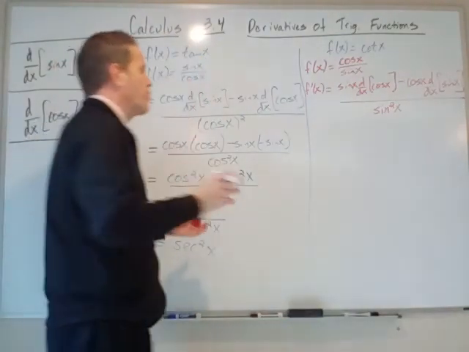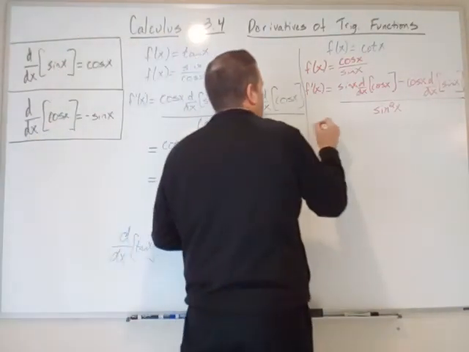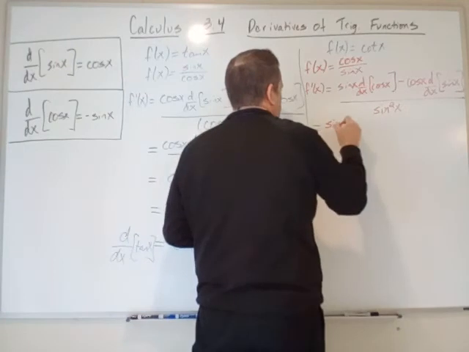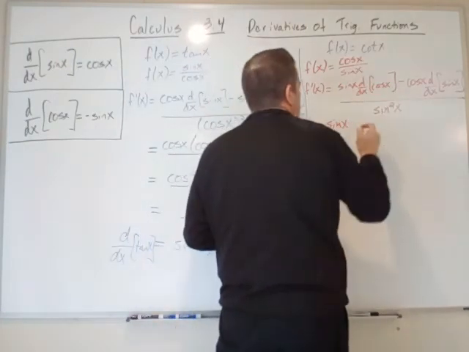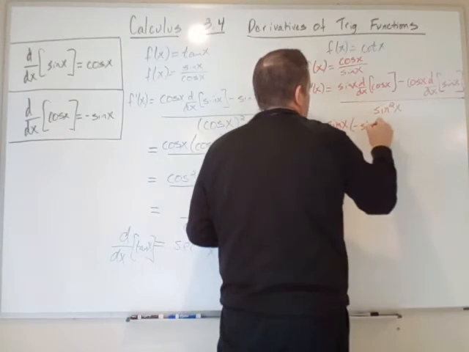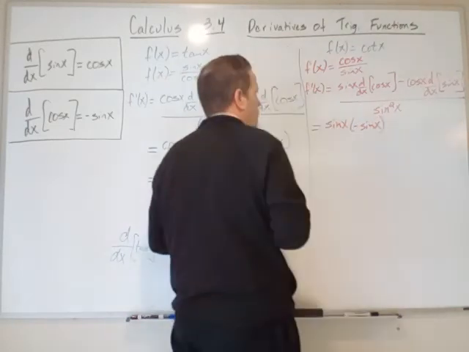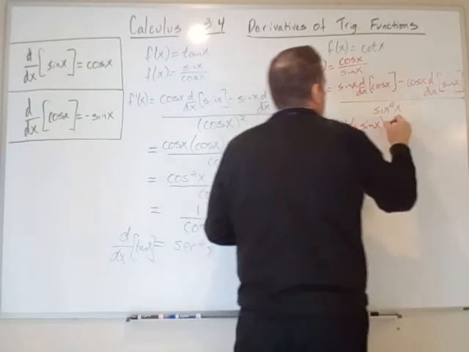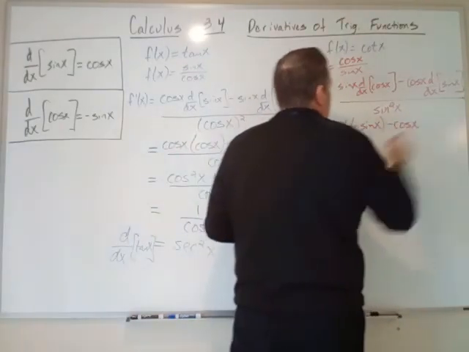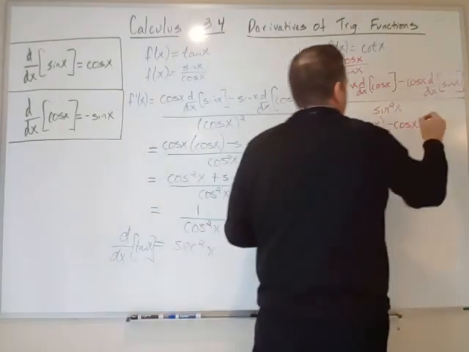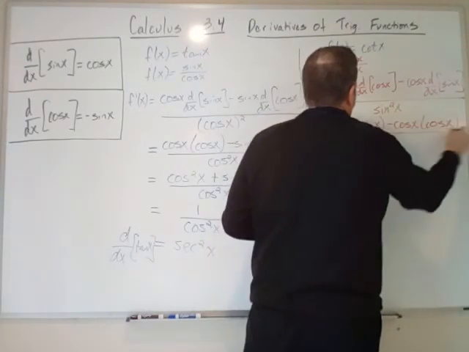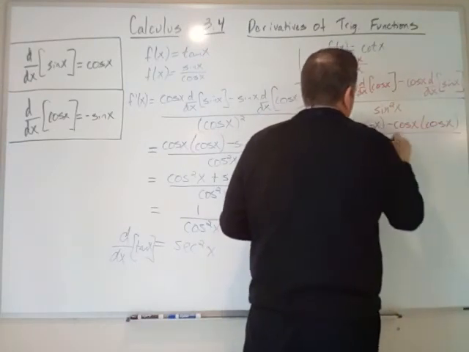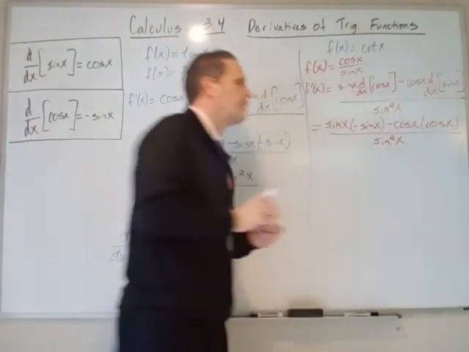Okay, so again, operators in that numerator tell us we still need to take a derivative. So I've got sine x times the derivative of the cosine, which is opposite sine x, minus the cosine of x times the derivative of the sine x, which is cosine x, and again, all over sine squared x.